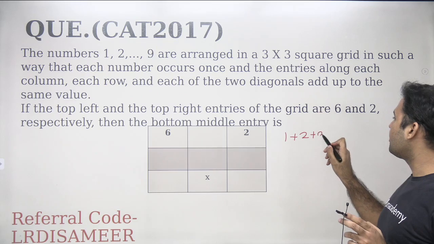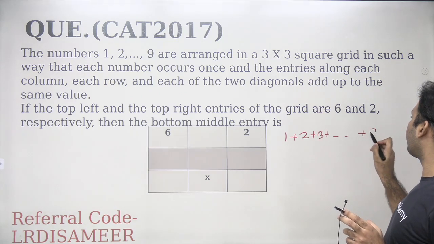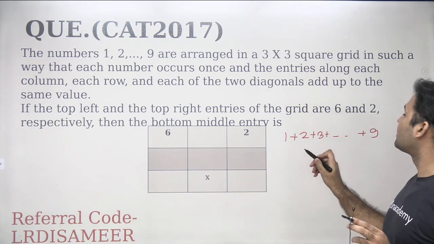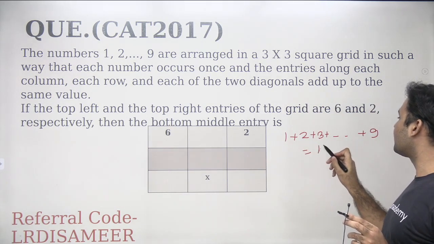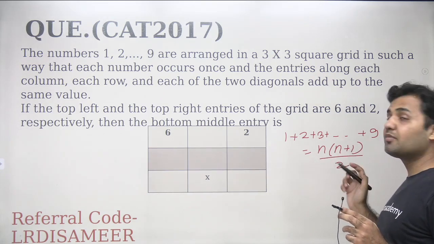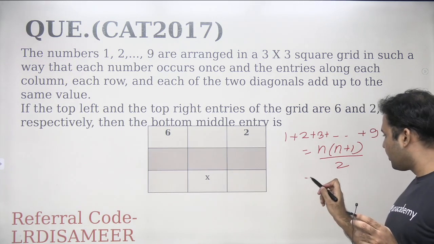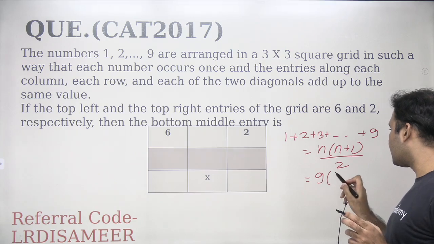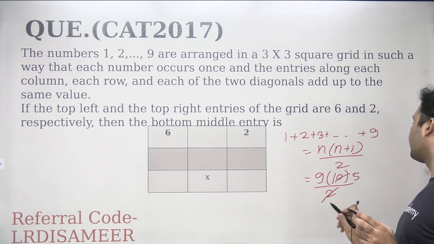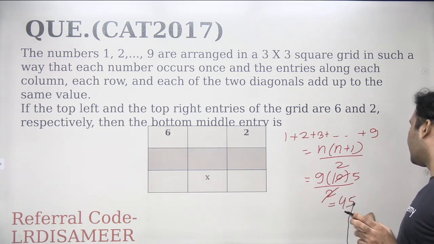If I use all the numbers from 1 to 9 and write them into a 3 into 3 matrix, the summation of all these numbers will come out to be n into n plus 1 by 2. This is the concept of the sum of the first 9 natural numbers. Putting the value of 9 here, the total summation will come out to be 45.